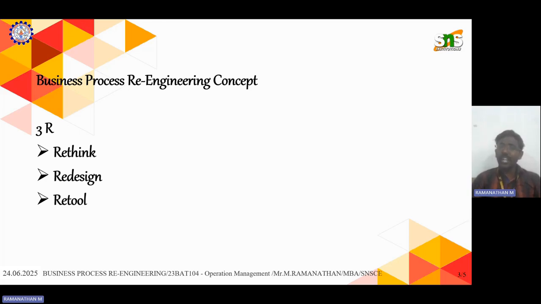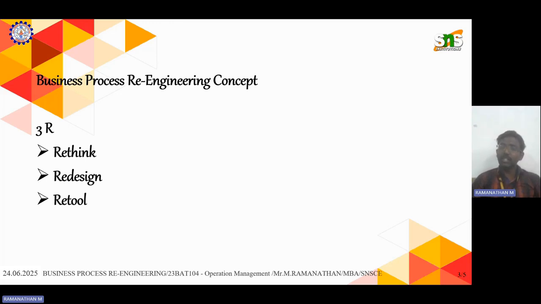Then redesigning, because whatever product you see, you may be satisfied at one point of time with those products or services, but you can rethink and redesign them, because even in designing you can achieve more effectiveness and efficiency.